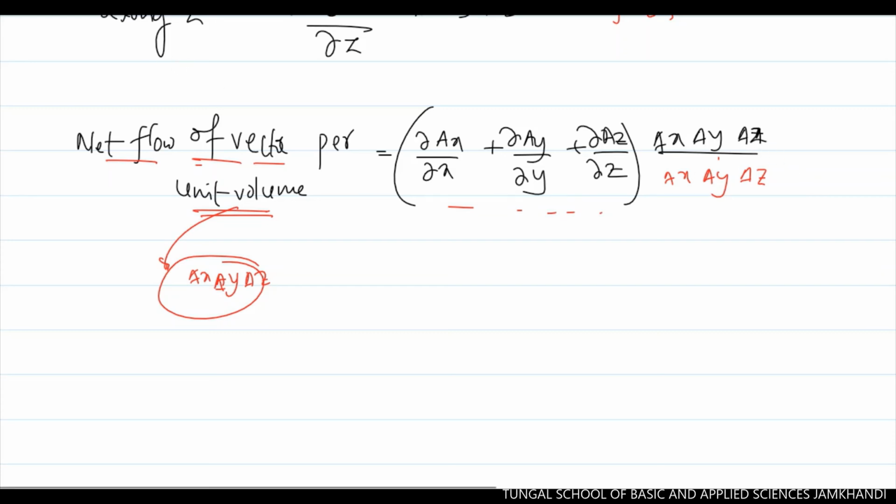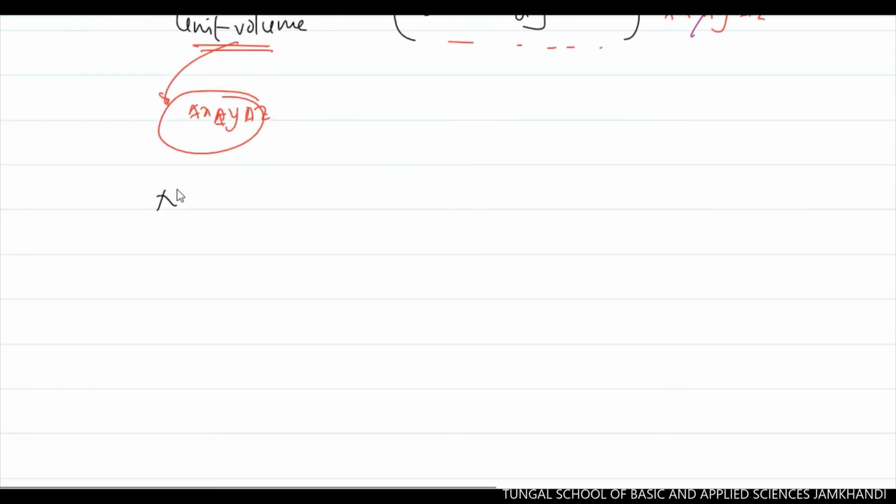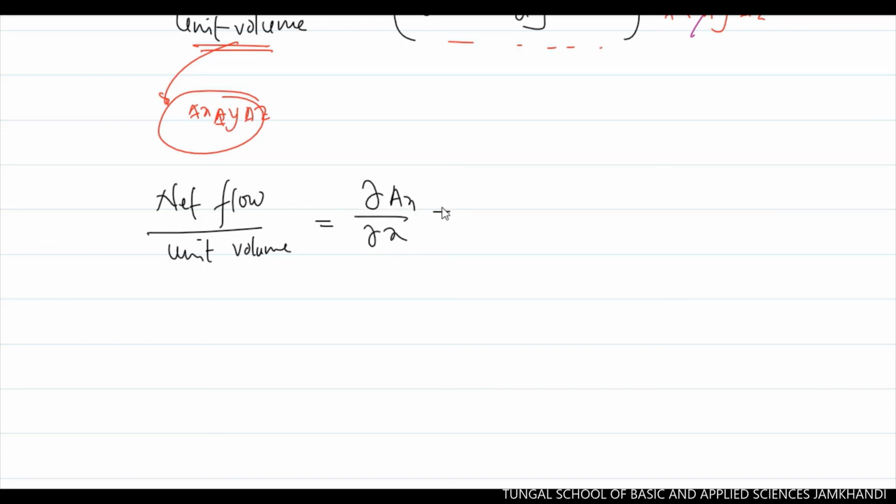Now, if you cancel these two terms, then I will be only left with the net flow per unit volume through the closed surface, that is given by dou Ax divided by dou x plus dou Ay divided by dou y plus dou Az divided by dou z, right?